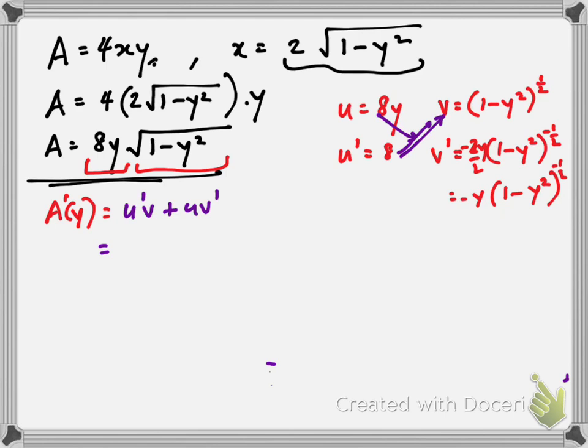So you go 8 square root of 1 minus y squared plus, then I'm going to go these two. So that'll be 8y squared. So that plus becomes minus.